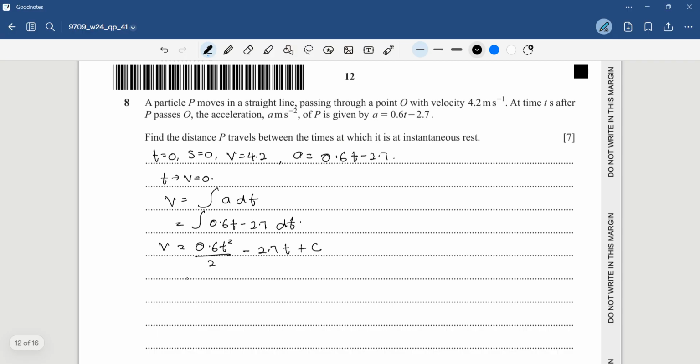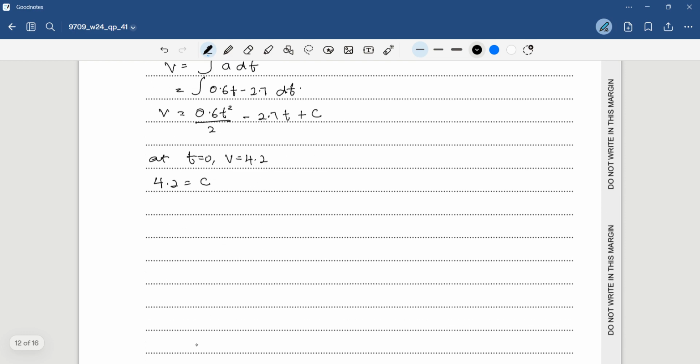This is my v. At t equals 0, v equals 4.2, so substituting 0, c equals 4.2. Therefore my v is equal to 0.3t squared minus 2.7t plus 4.2. So solve this quadratic equation.